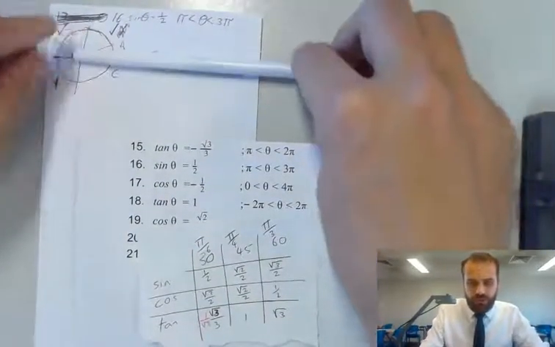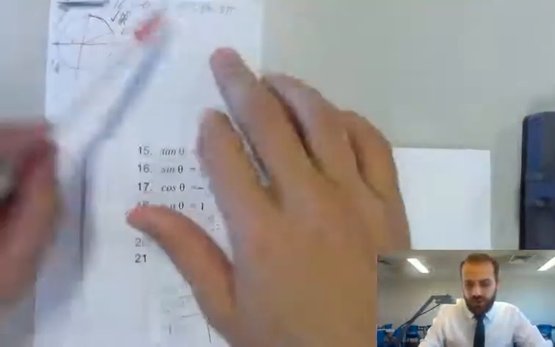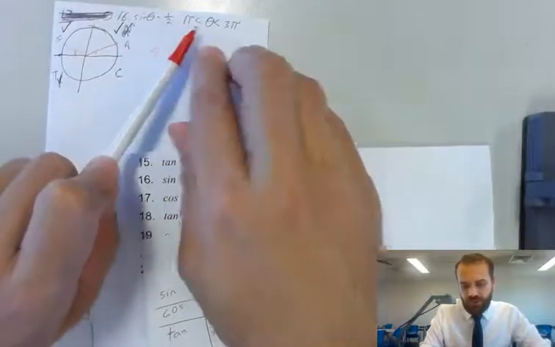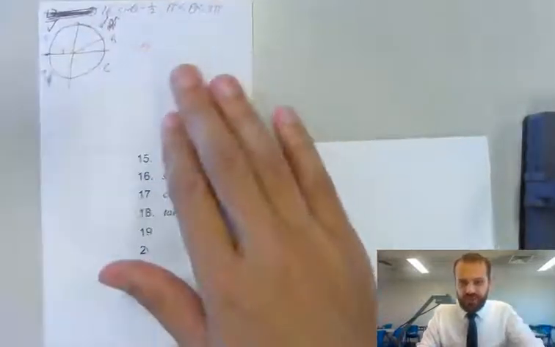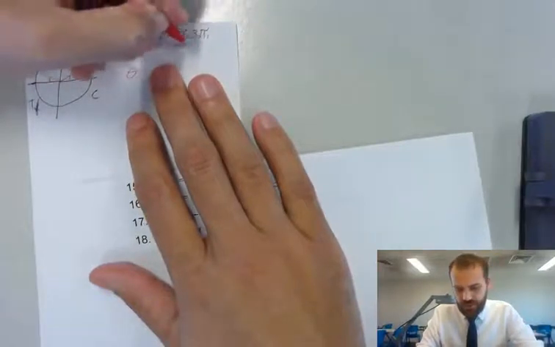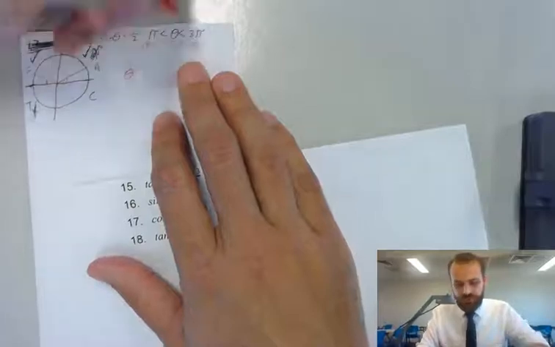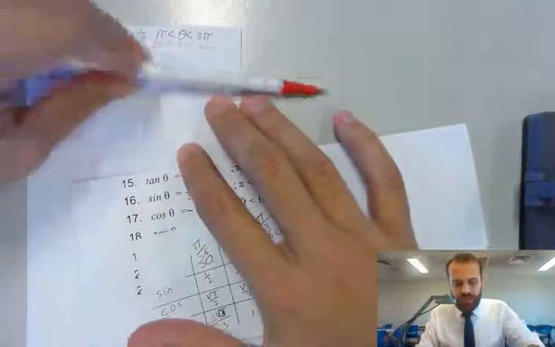But we're not interested in the first half rotation of the circle, because we're only interested in between pi and 3 pi. To put it in degrees, we're only interested in between 180 and 540. So we're not interested in the first 180 degrees, so we bypass them.